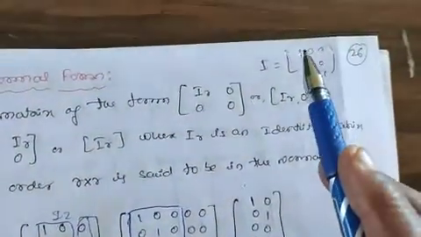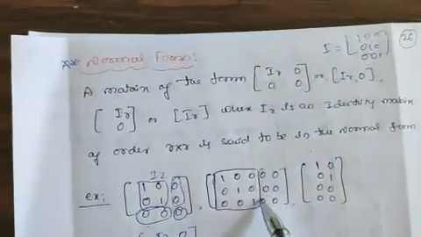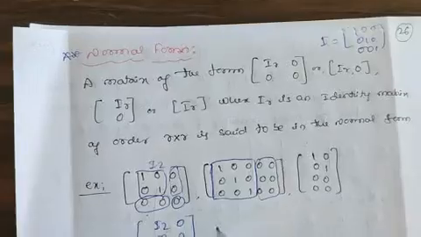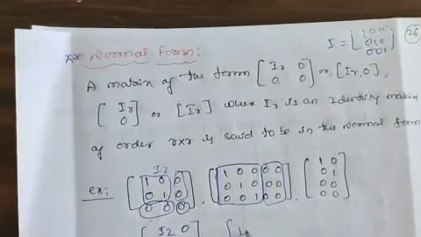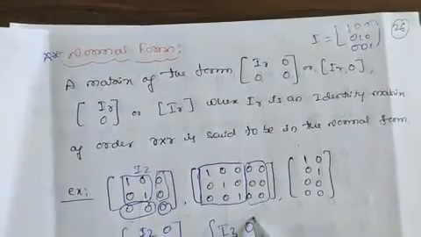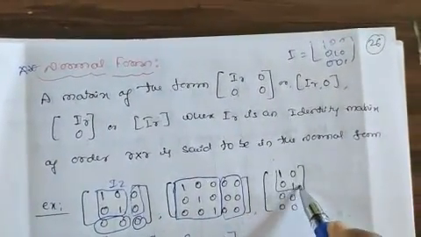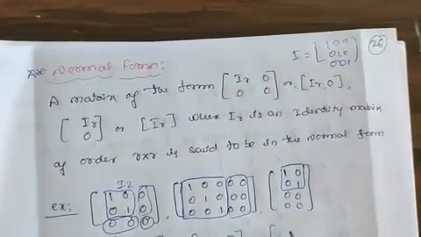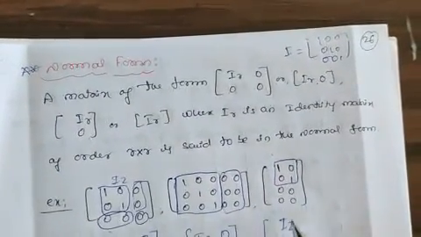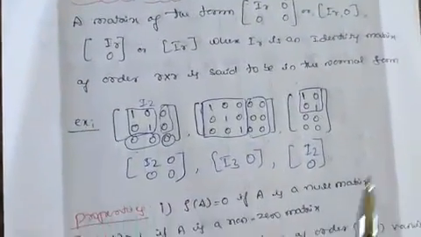So this is the unit matrix, and the remaining parts we can take as O. So it is I3, a 3 by 3 unit matrix, and this is O. O is a null matrix whose elements are all zeros. And here we have I2, and this is O here. So these are all the normal forms of a matrix.